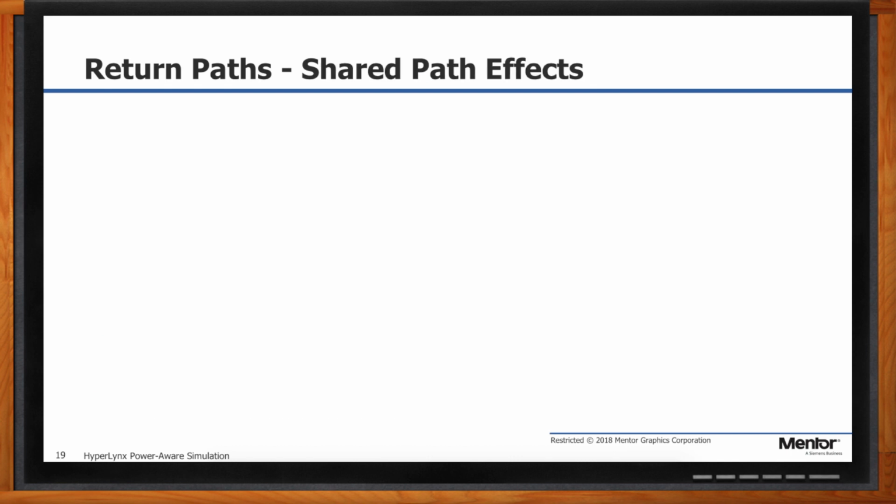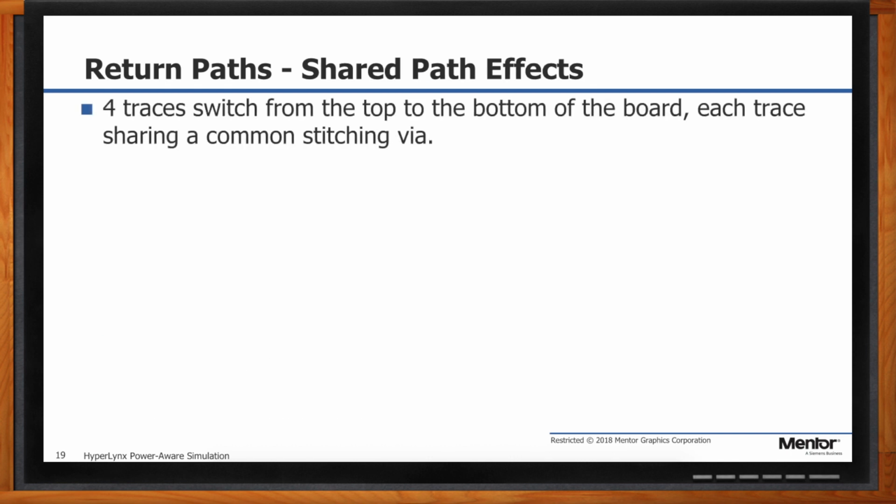The case of the stitching via being artificially far away is a science experiment for demonstrating things. We don't really do that except by terrible accident. But one of the things that happens all the time is that we have too few stitching vias to return the current that we need. When we look at the boards that we're designing right now, we're always pin limited. We don't have enough pins. And as we said, our power delivery network has two purposes.